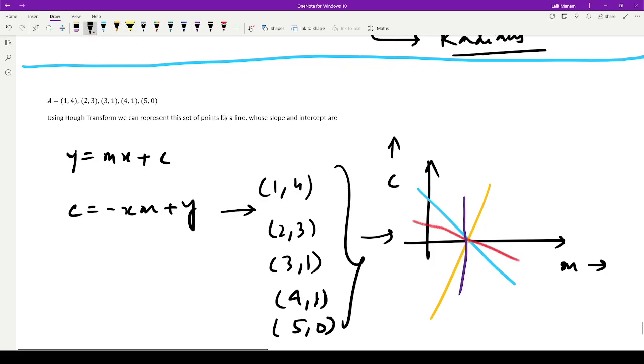Each of these will somewhere intersect here. The answer is the intersection of all these lines in the MC plane. That's how you do it when you use the Hough transform method. So this is the main idea of Hough transform.